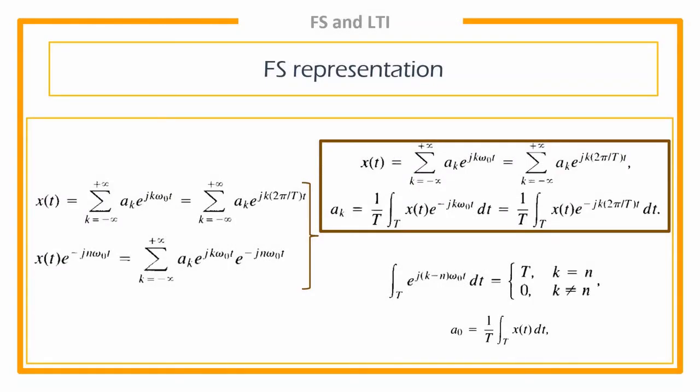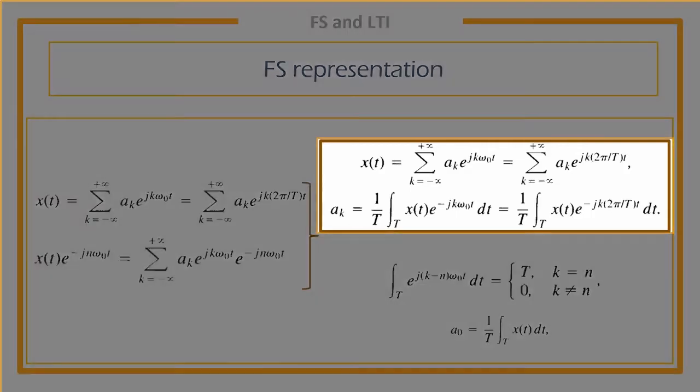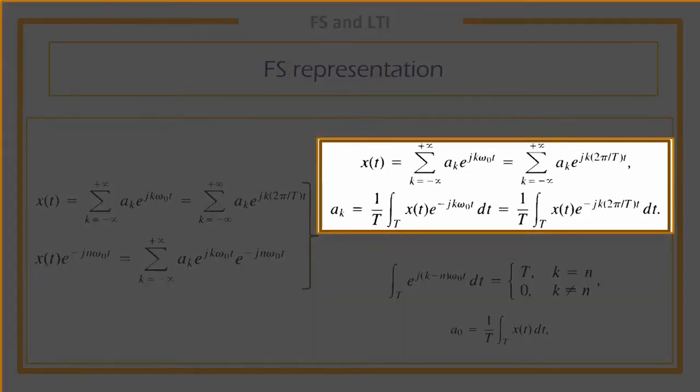In order to find the Fourier series representation, after doing all these steps, we come to the conclusion that any periodic signal x of t can be represented using a summation of complex exponentials multiplied by their coefficients, and their coefficients are given by this equation. These two equations are very important to solve problems related to Fourier series.